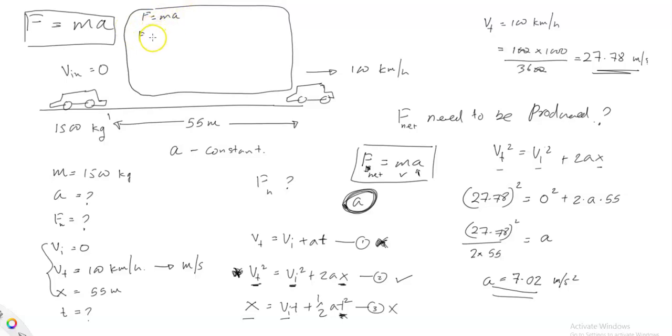The net force produced by the engine is the mass of the car, which is 1500, multiplied by 7.02, which gives you 10,523.5 newtons. 10,523.5 newtons is what this engine needs to produce.